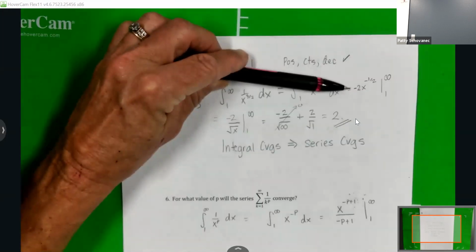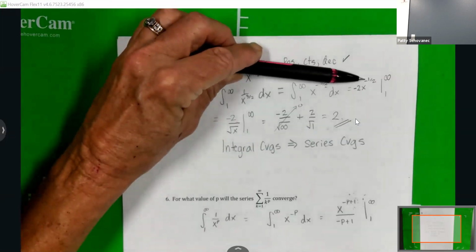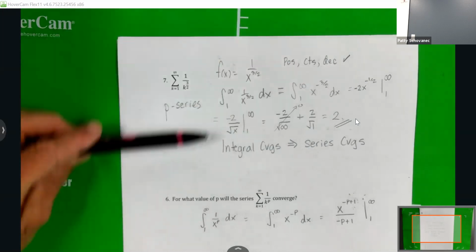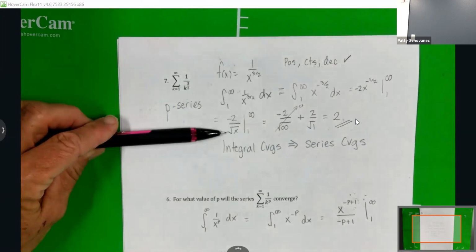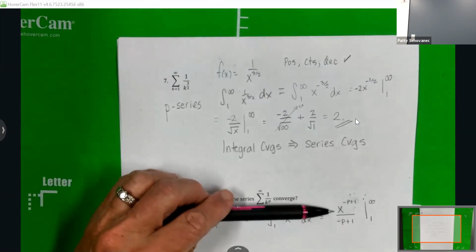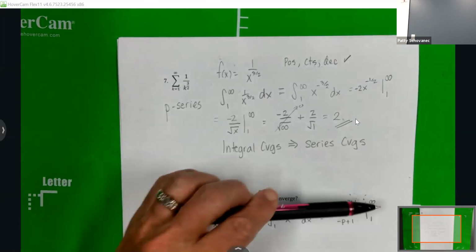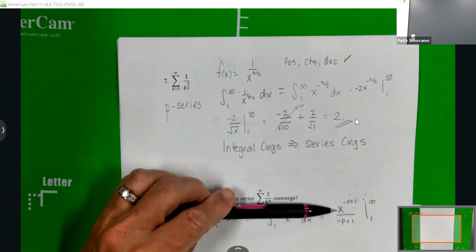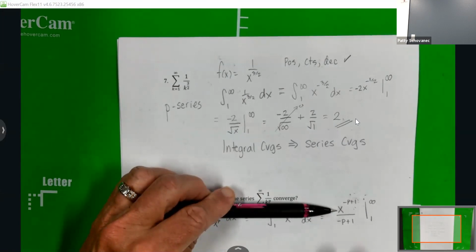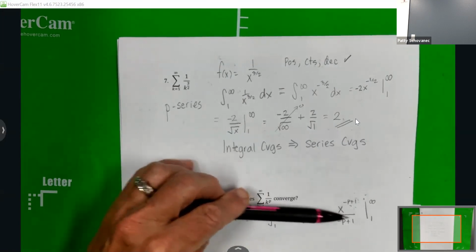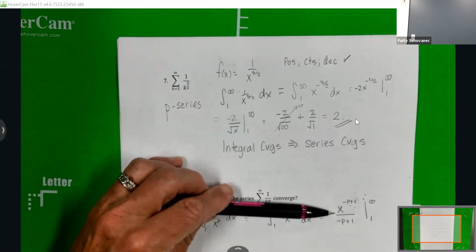And in order to evaluate this limit, we needed this exponent to be a negative number, which put that term in the denominator. If this exponent's not a negative number, then I would have an infinity in the numerator. So what we need for this expression to converge is that this term here falls in the denominator.